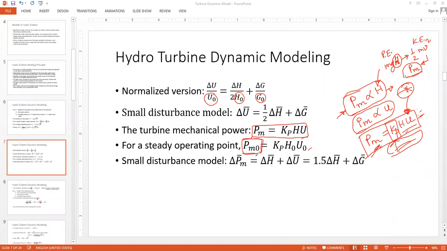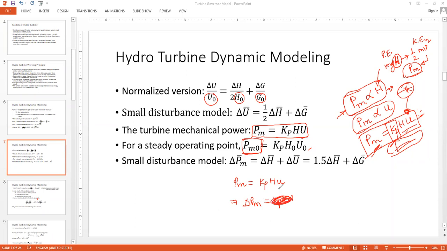The small disturbance model for this is pretty simple. So in the same manner, we can go for the small disturbance model for the PM. So we have KP, H, and U. If you need del PM, what you would do, you would say KP and d of PM.